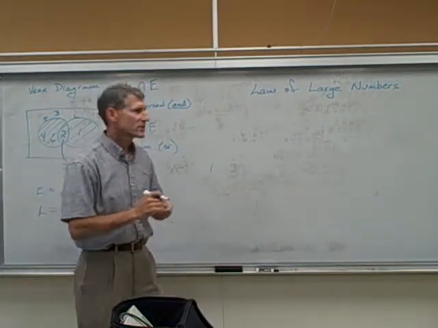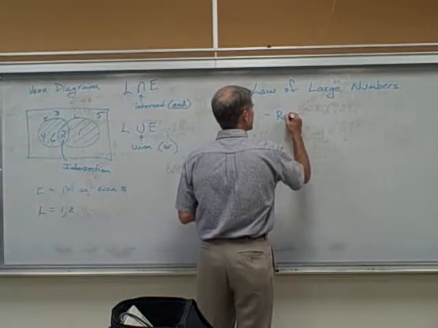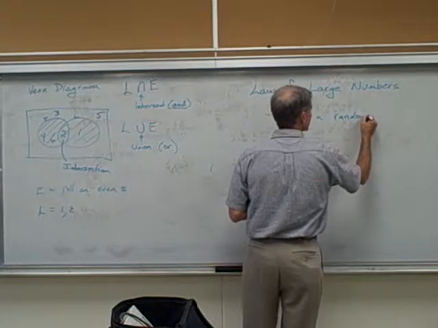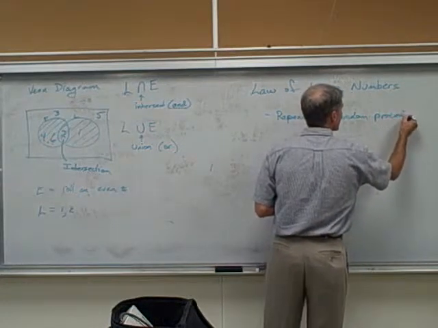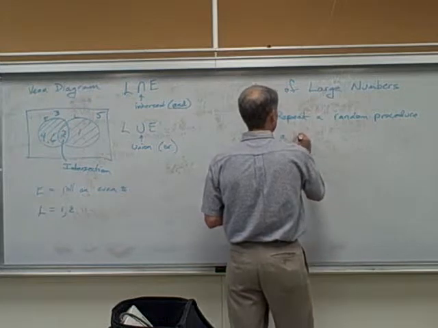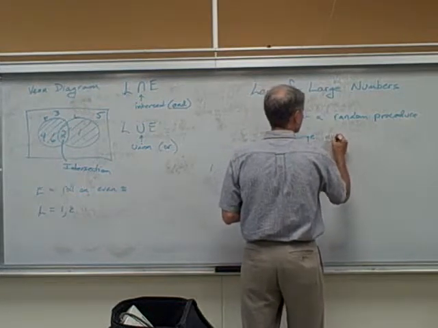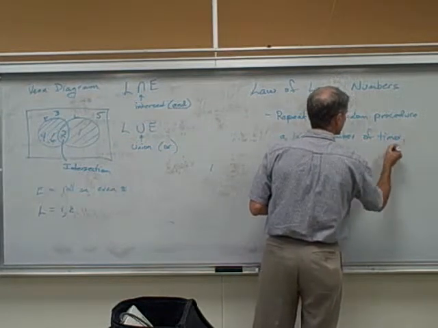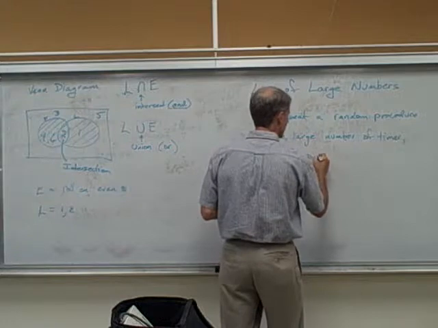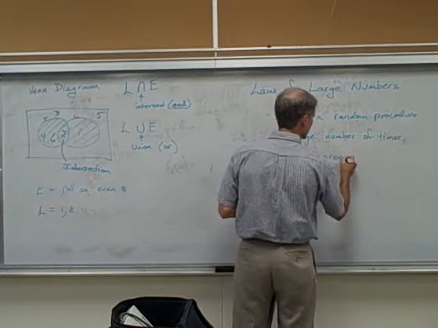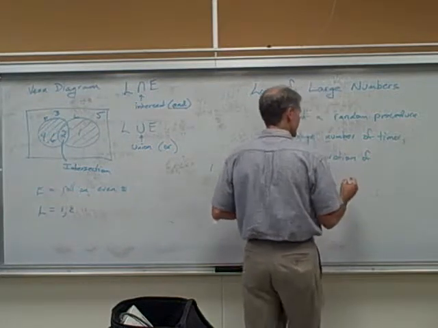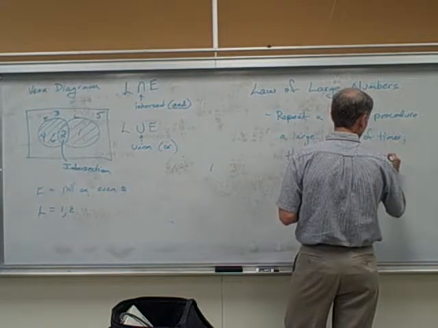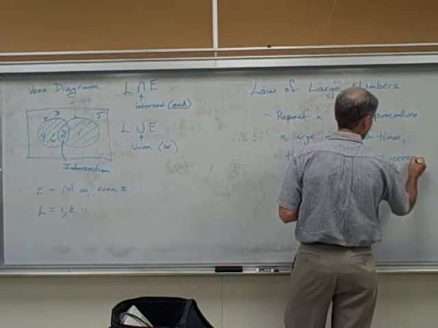Okay. The law of large numbers: if you repeat a random procedure a large number of times, the proportion of, I'm going to just use a generic word, proportion of successes.